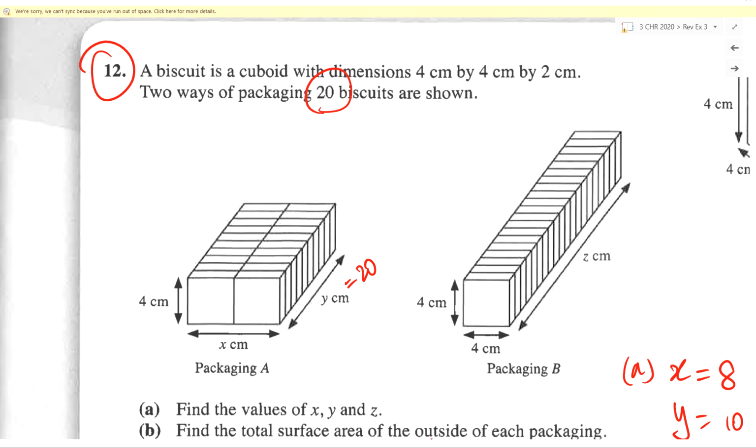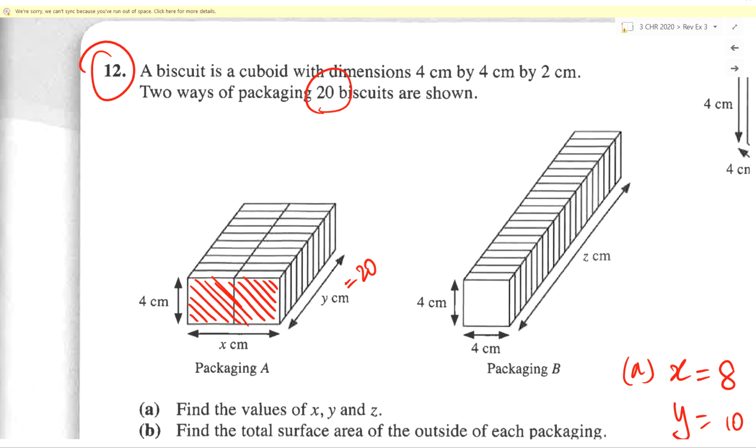The cross-sectional area is the area that repeats itself all the time. In the case of a cuboid, we have 3 possible cross-sectional areas, but I think most students will choose this to be the cross-sectional area, because that's the one that's facing them. Okay, if you chose this, please shade this also.